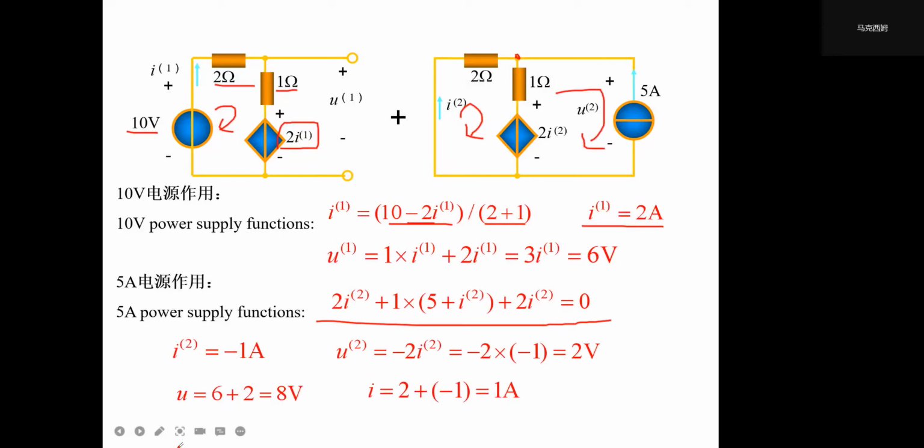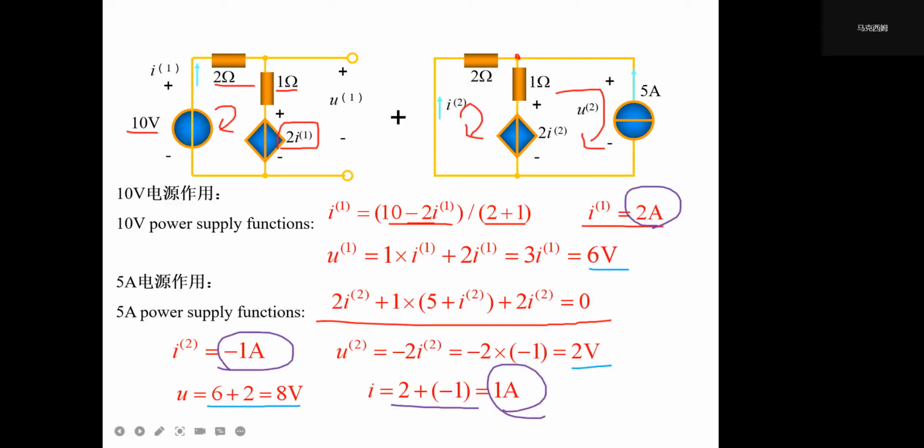We still could apply this superposition method, and only this time, no matter what kind of subdiagram you create, each one must keep the control source in it, and we can still do the calculation as usual.